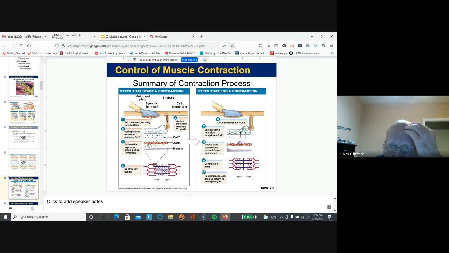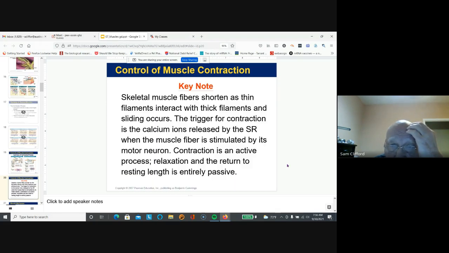Calcium is reabsorbed into the sarcoplasmic reticulum. Active sites are covered, and then the contraction ends and the muscle relaxes. Okay, so skeletal muscle shortens as the thin filaments interact with the thick filaments, and sliding occurs. So read through this.